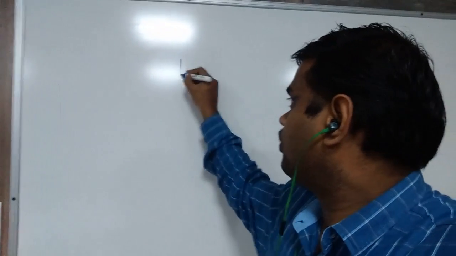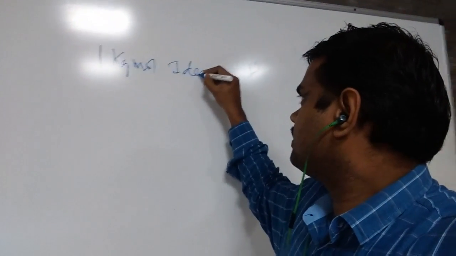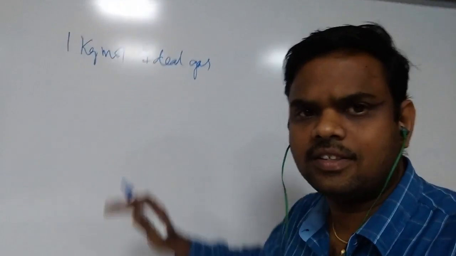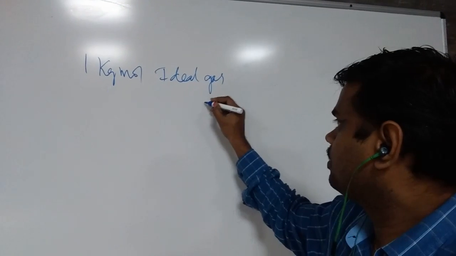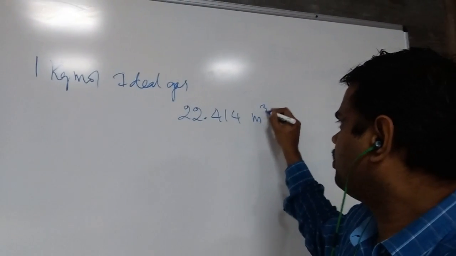Two points we should note while applying the ideal gas law. One is that we should know the assumptions made in the ideal gas law. The other is that 1 kg mole of ideal gas occupies 22.414 meter cube of volume.